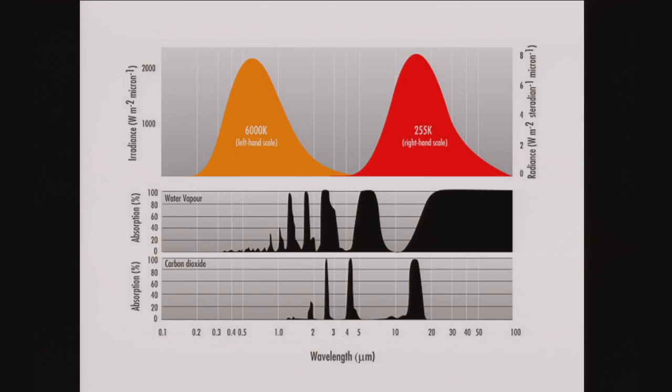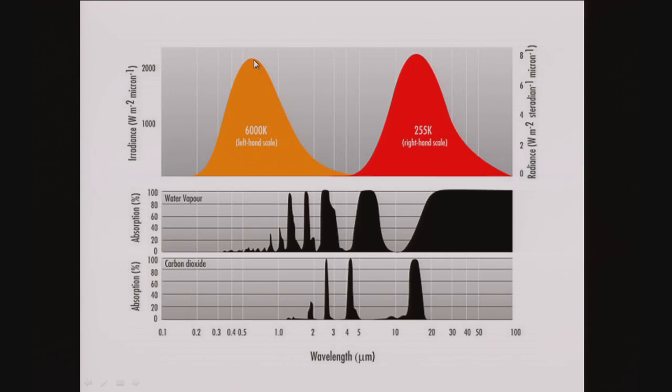This slide shows the irradiance in watts per meter squared per micron from the sun, or from an object at 6,000 Kelvin, which is about the temperature of the sun. So you see the amount of energy that's given off by an object at 6,000 Kelvin as a function of the wavelength of the energy.